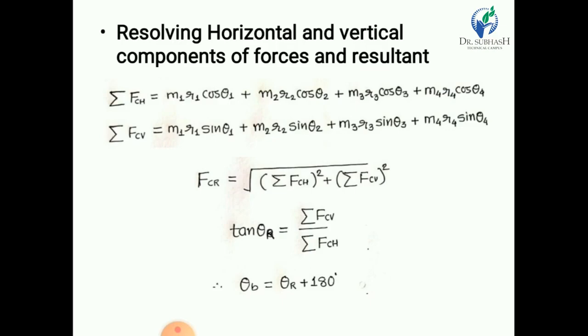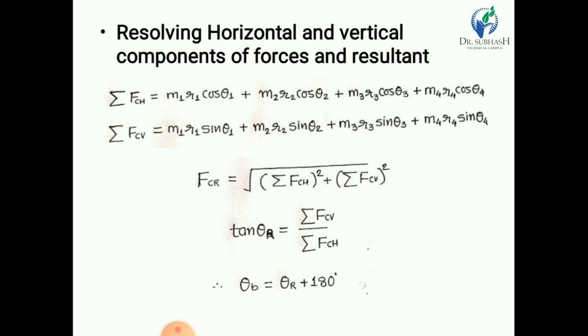And we can also calculate the position of this resultant force with the reference line: tan theta r is equal to the vertical component upon the horizontal component. From this equation we obtain the magnitude of the resultant centrifugal force, and from this angle we obtain the angular position. So we know the angular position and magnitude of the resultant unbalanced force.